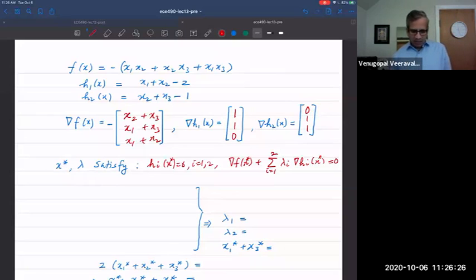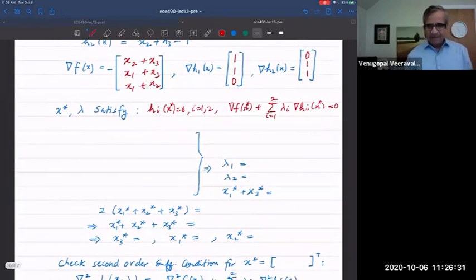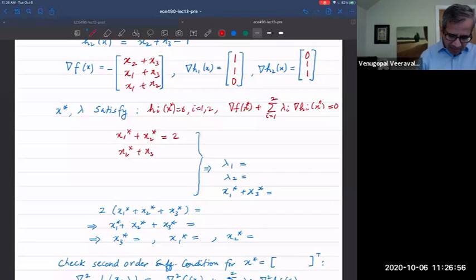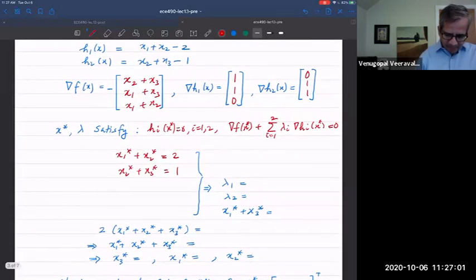So these are the equations, and that'll give me 5 equations and 5 unknowns. Those equations, I'm going to write them down. The first two, let's write them based on the constraints: x1 star plus x2 star equal to 2, and then x2 star plus x3 star is equal to 1.